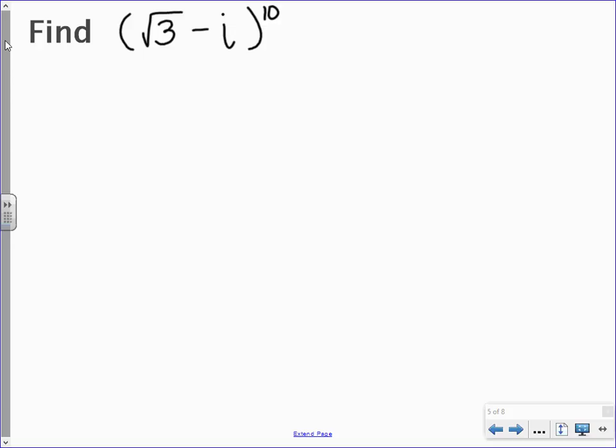Okay. So, let's first talk about radical 3 minus i. Find me the r value, please. Caroline, what's r?